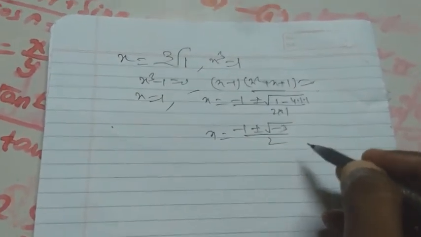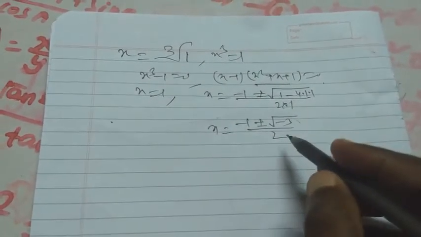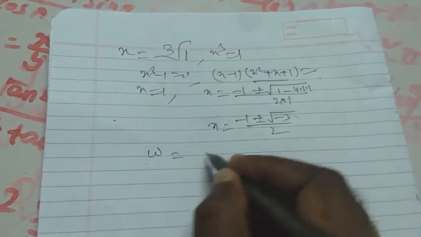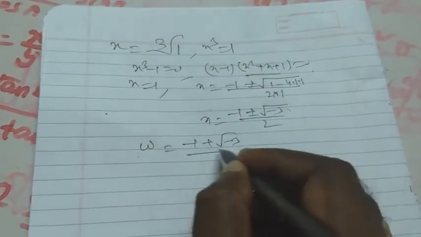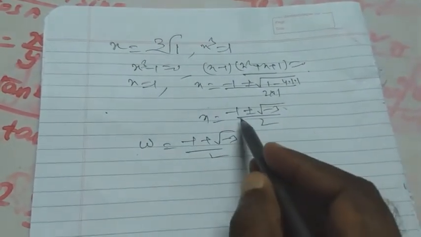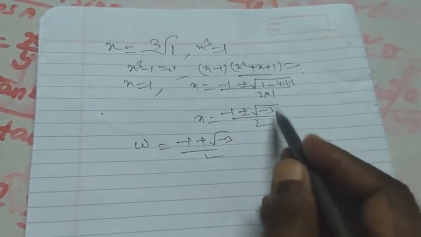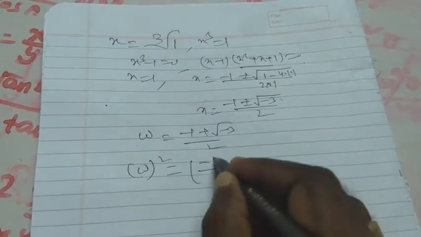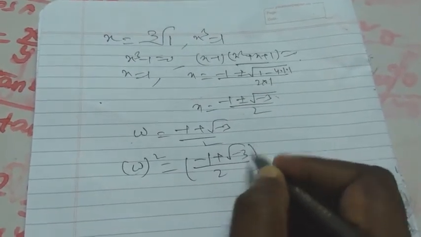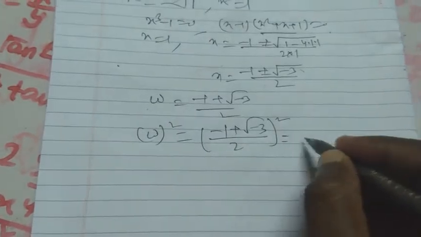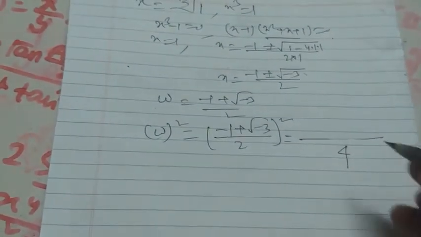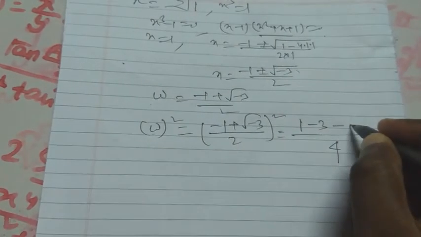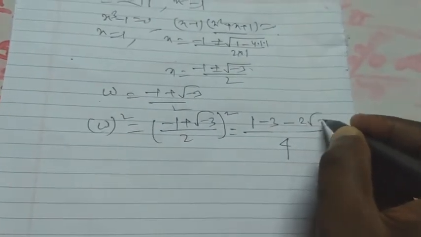Now we have to show the two roots here. Let us assume one be omega and another be omega square, and let omega be minus 1 plus root over minus 3 by 2. If we square this, then we get the other solution, minus 1 minus root over minus 3 by 2. Look here, squaring both sides: (minus 1 plus root over minus 3) whole square by 4, this is 1 and this is minus 3, and 2ab is 2 into root over minus 3.